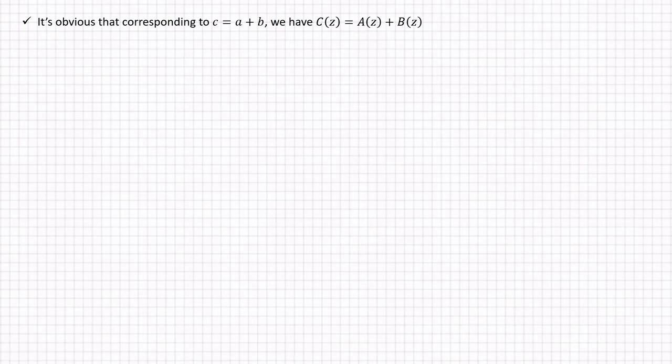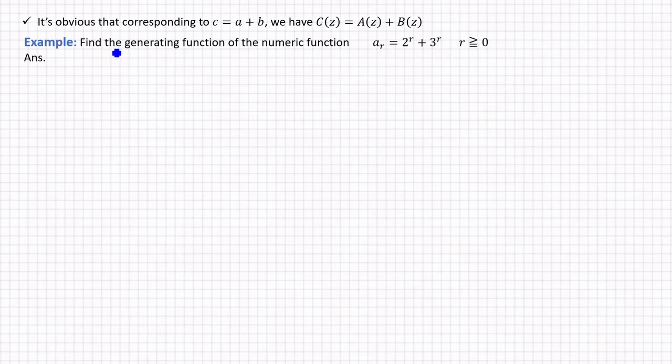Okay, so let's come to an example. Find the generating function of the numeric function a_r = 2^r + 3^r, where r is greater than or equal to 0. So here we have a_r = 2^r + 3^r.